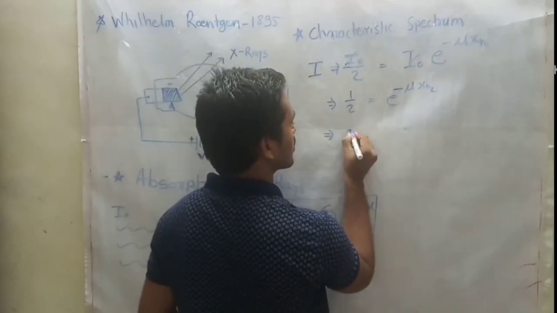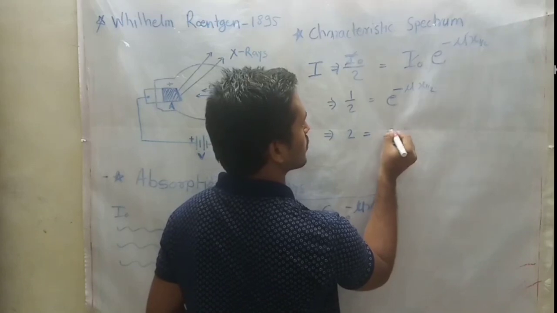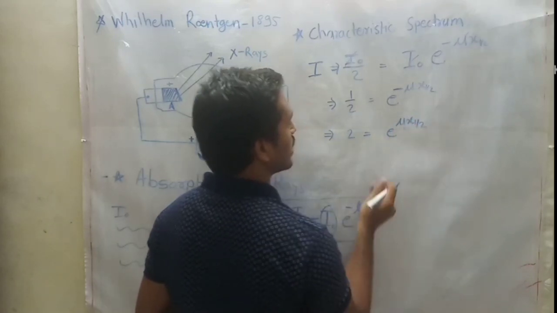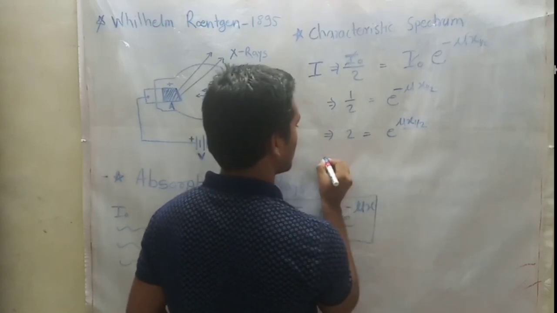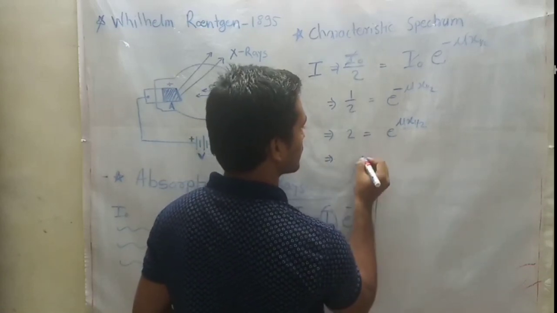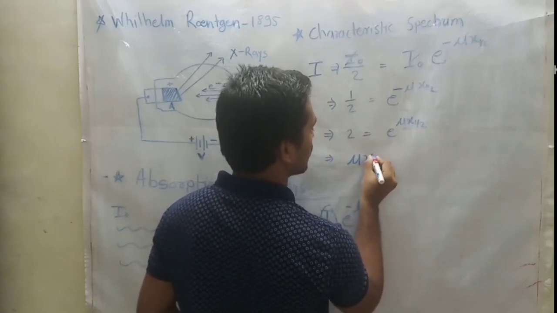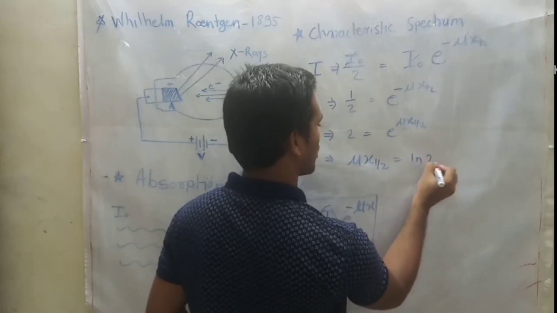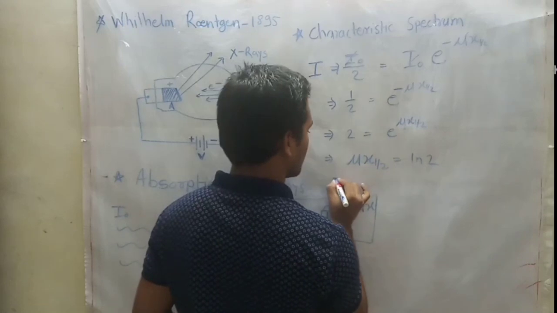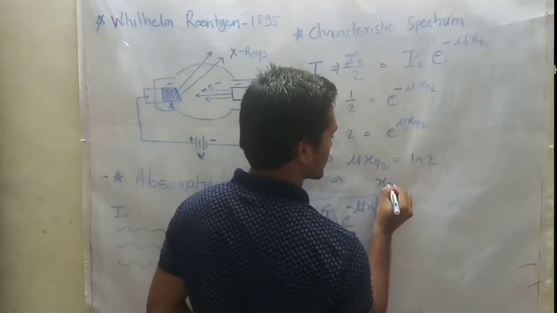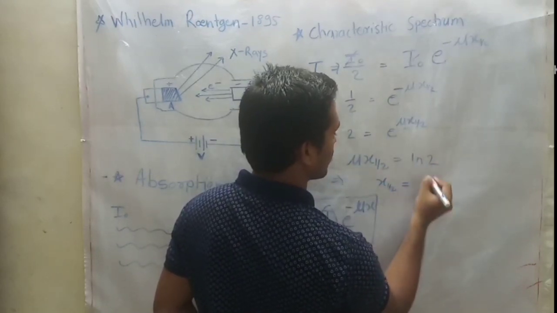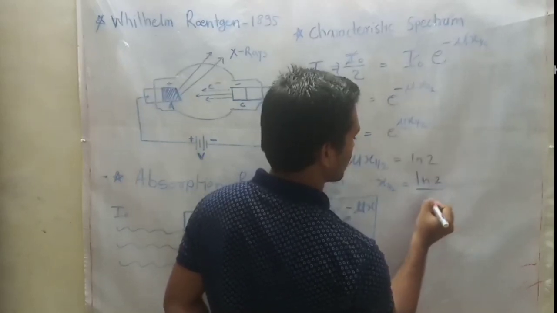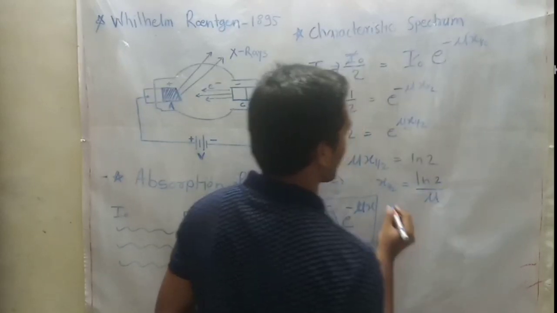This can also be written as 2 equals e raised to mu x by 2. Taking ln on both sides, we can write mu x half equals ln 2. This implies x half is ln 2 upon mu.